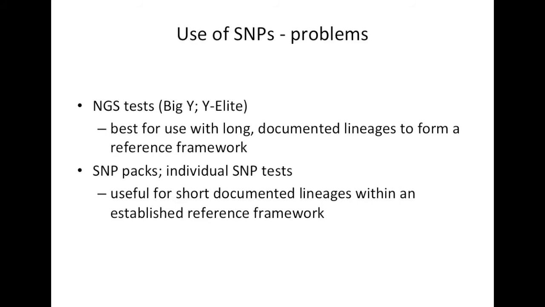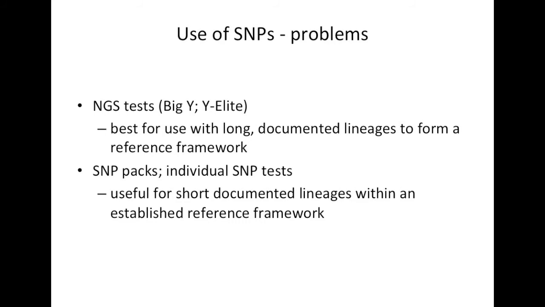So, there are also problems with SNP testing, as I'm going to describe here. Next generation sequencing tests, such as Big Y from Family Tree DNA and Y Elite from Full Genomes Corporation, are expensive. So they're not likely to be attractive to a mass market.